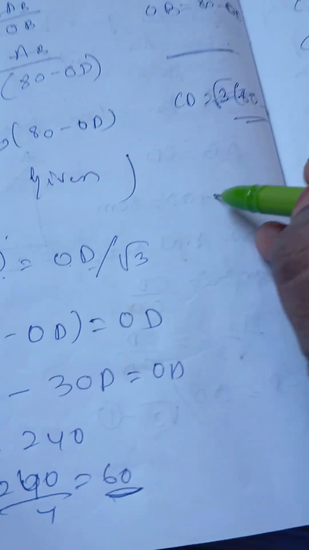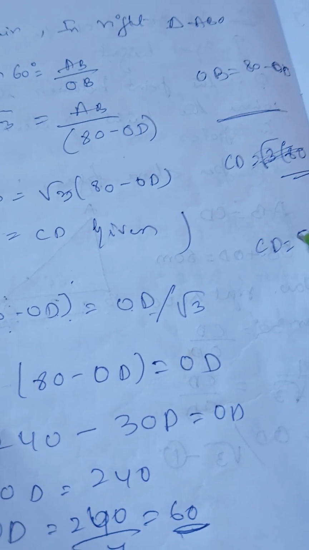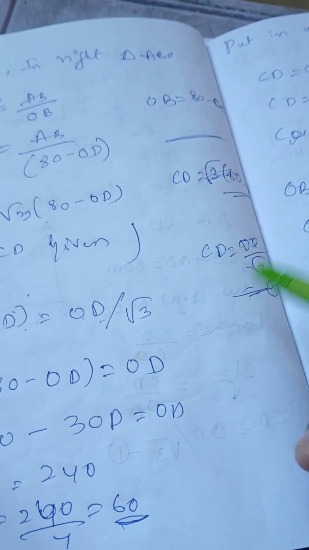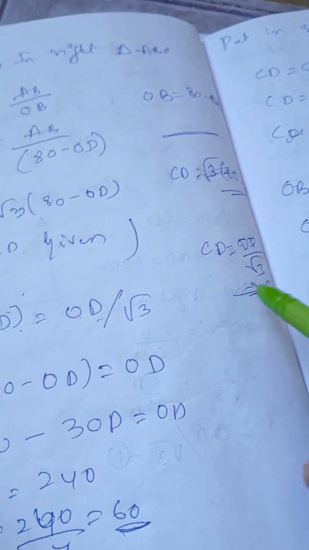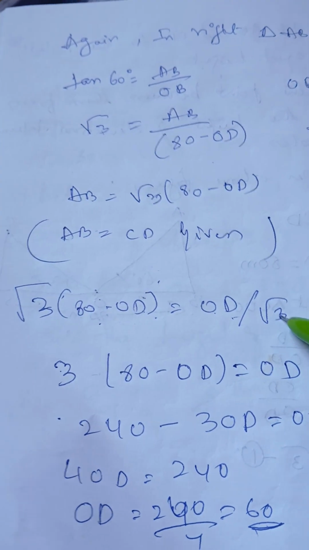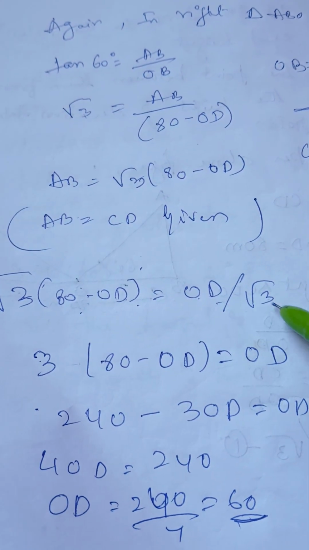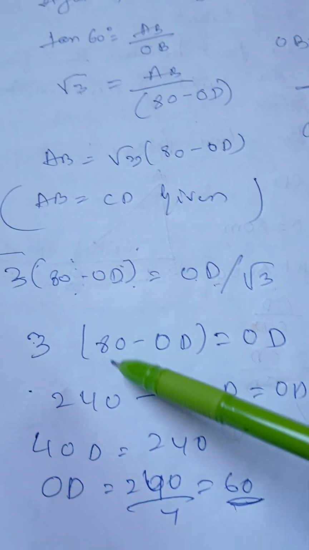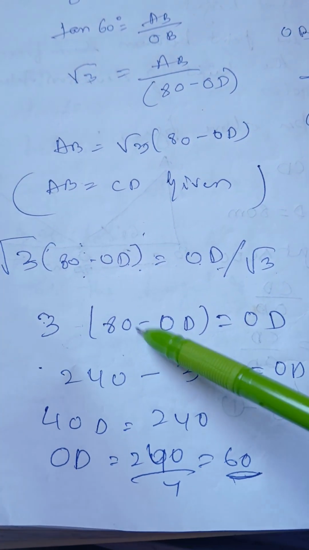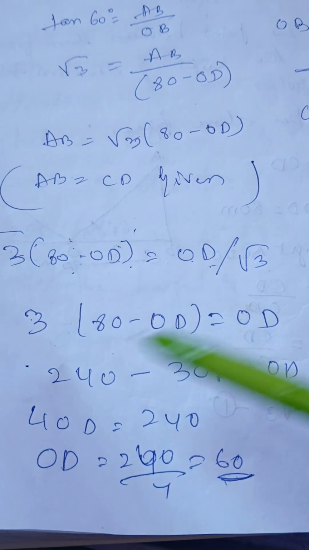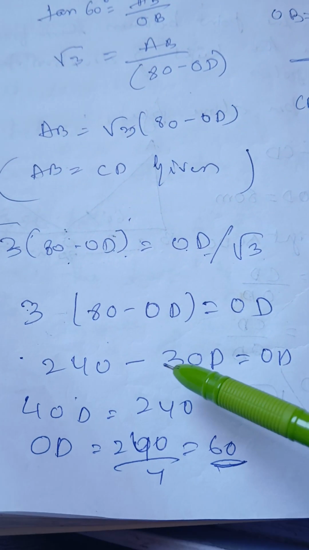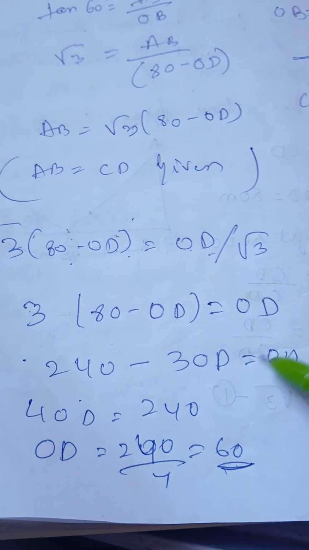When we cross multiply, root 3 into root 3 will be 3. So 3 into 80 is 240, minus 3 OD, equals OD.